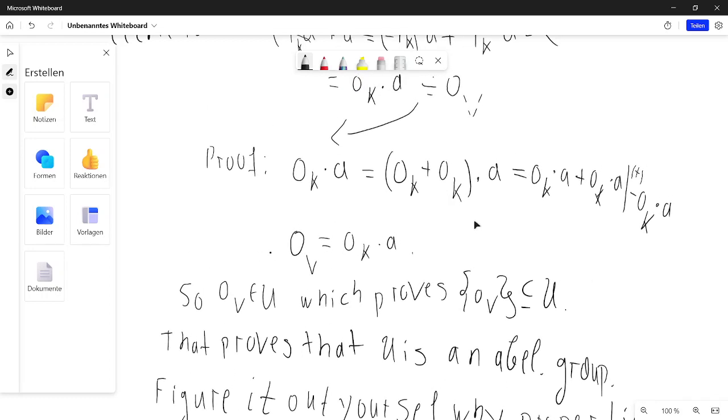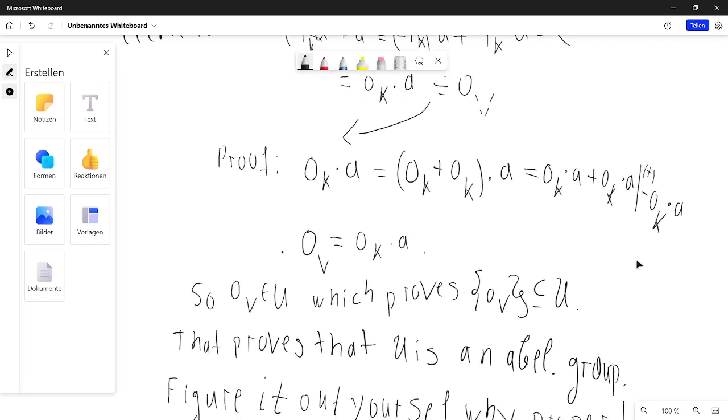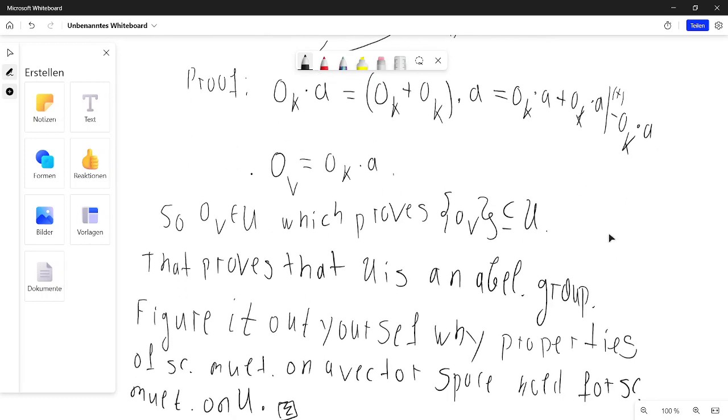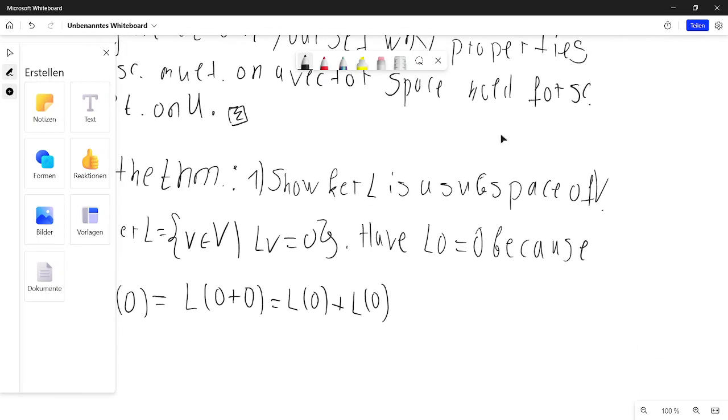It's a linear map that goes from our K to our vector space V. But you don't need to think about it. Yeah, that's just funny, because it is the same thing. And then you can probably figure out what happens here.